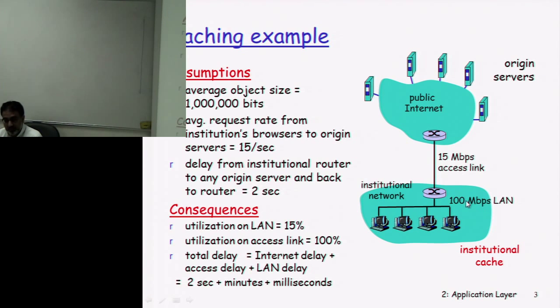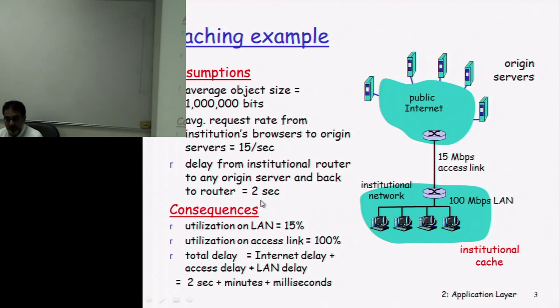So 15% of this bandwidth is utilized. Okay, utilization on the access link: 15 requests per second and 15 Mbps is the bandwidth. So the access link is 100% utilized.